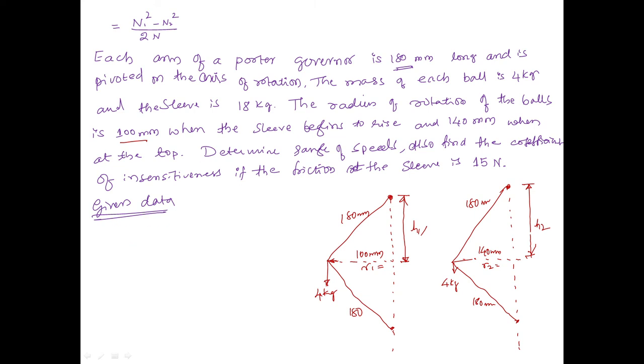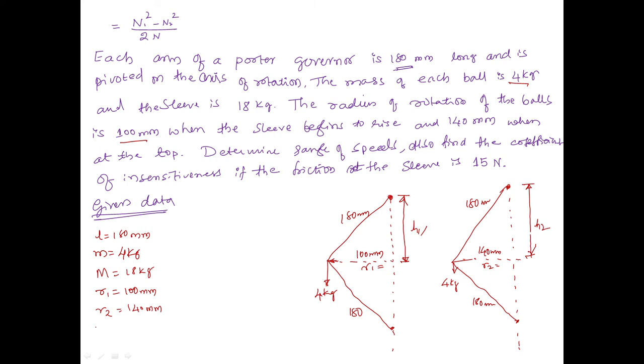Now just note down. Arm length L is 180 mm. Mass of each ball, small m, is 4 kg. Capital M is 18 kg. Radius of rotation R1 is 100 mm, R2 is 140 mm, and the sleeve begins to rise.